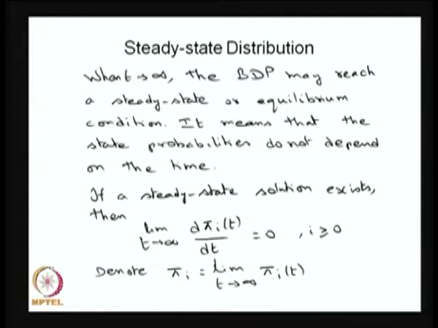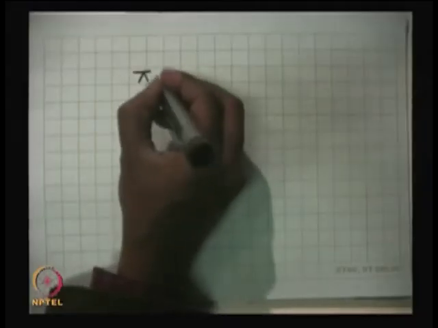So, this is different from the way we discussed earlier, that conditional probability p i j of t. But using p i j of t, one can find out what is pi i of t. That is nothing but the pi i of t that I have given in the first lecture for the CTMC.